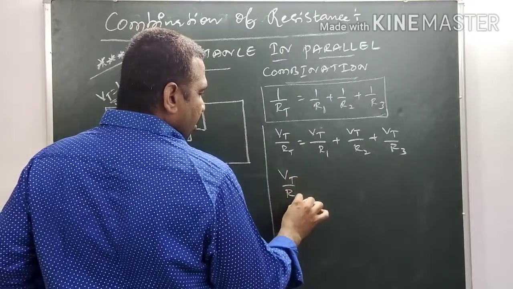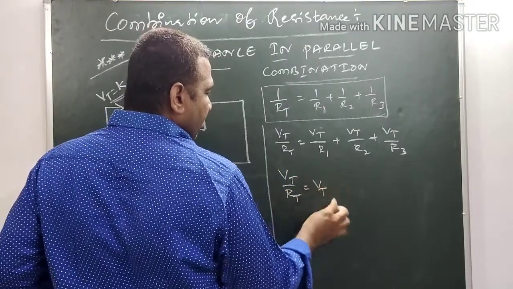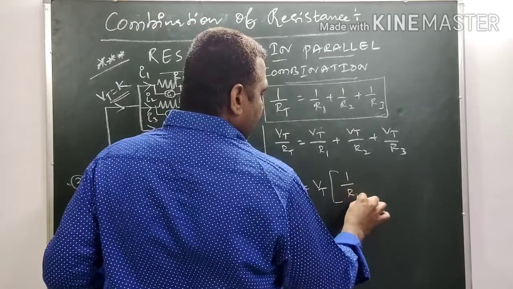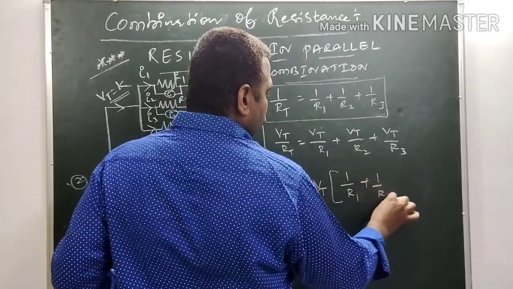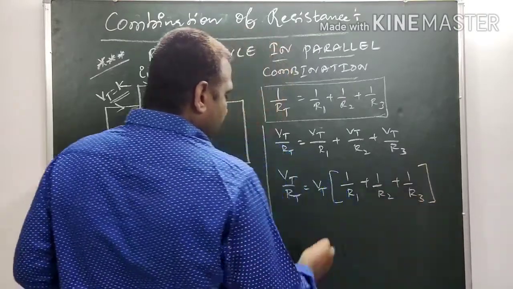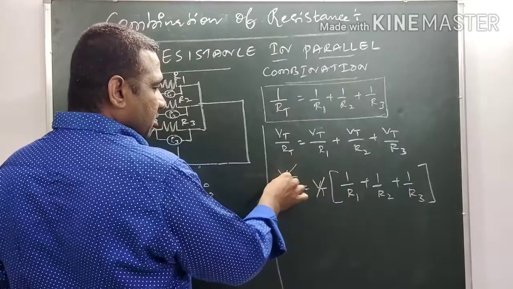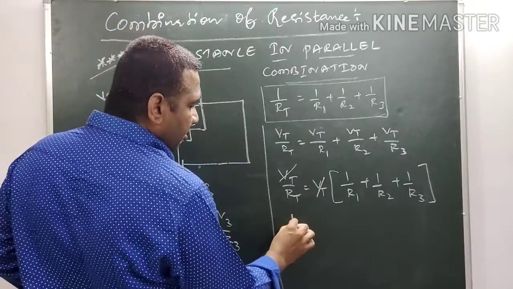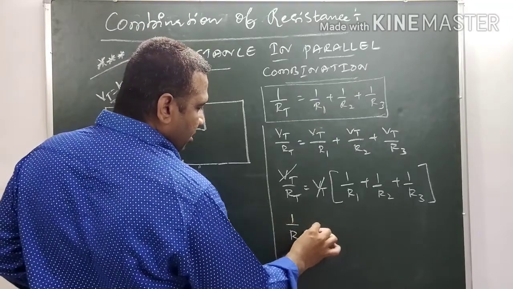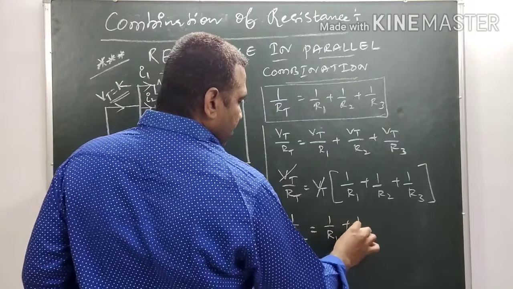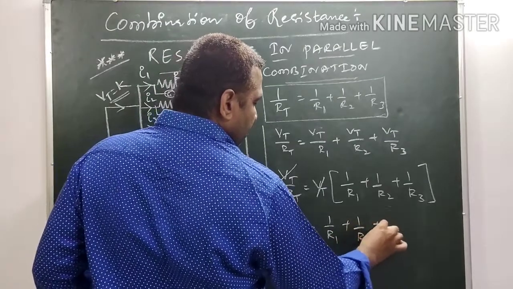So I write Vt of 1 by R1 plus 1 by R2 plus 1 by R3. So Vt is cancelled on both sides. Then what is left there? 1 by Rt equals 1 by R1 plus 1 by R2 plus 1 by R3.